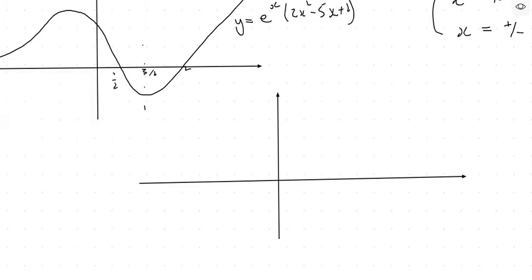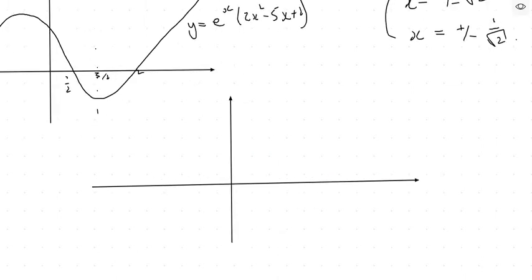We have some roots, and root 2 is bigger. So minus root 2, minus 1 over root 2, 1 over root 2, root 2.